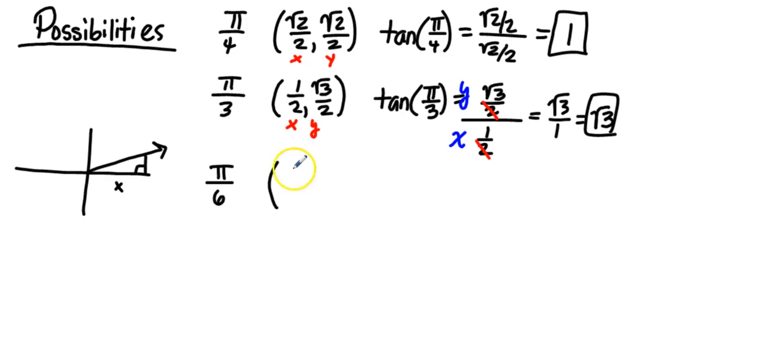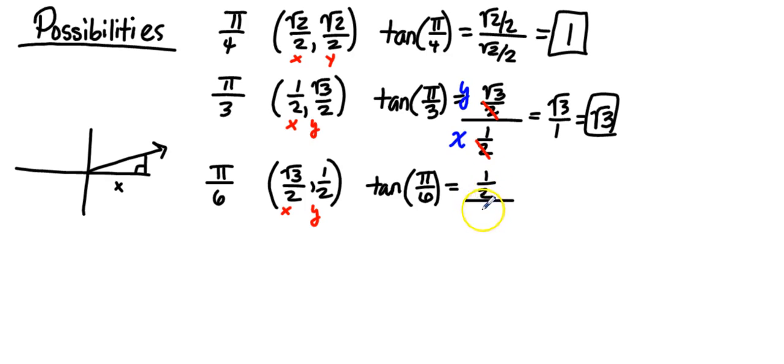So the long side is x, root 3 over 2. Short side is y, which is 1/2. Here's my x and y, or cosine and sine. And again, let's figure out what the tangent of that is. So tangent of pi over 6 would be y, which is 1/2, divided by root 3 over 2.